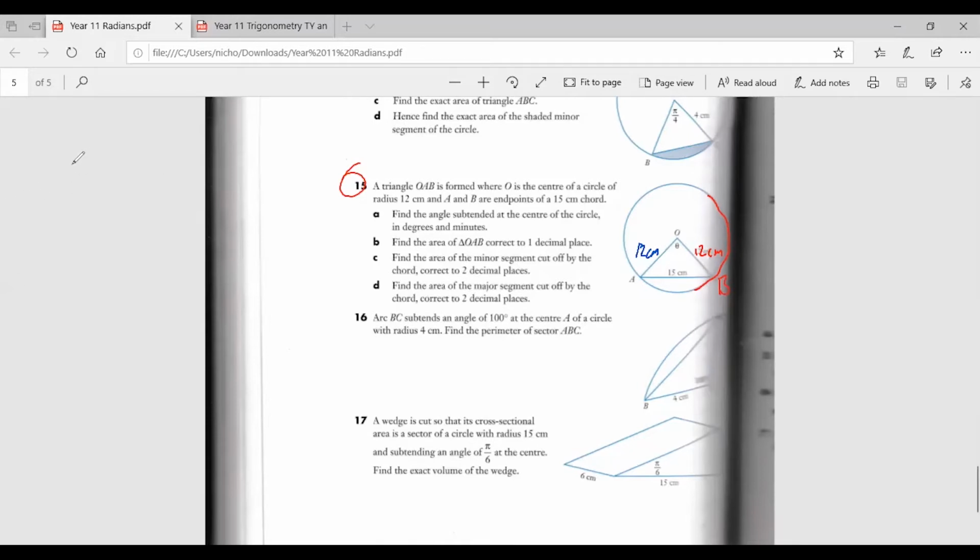So find the area of the minor segment cut off by the chord. The minor segment is going to be this portion. So what we do is we find the area of the sector, and then we subtract the area of the triangle.